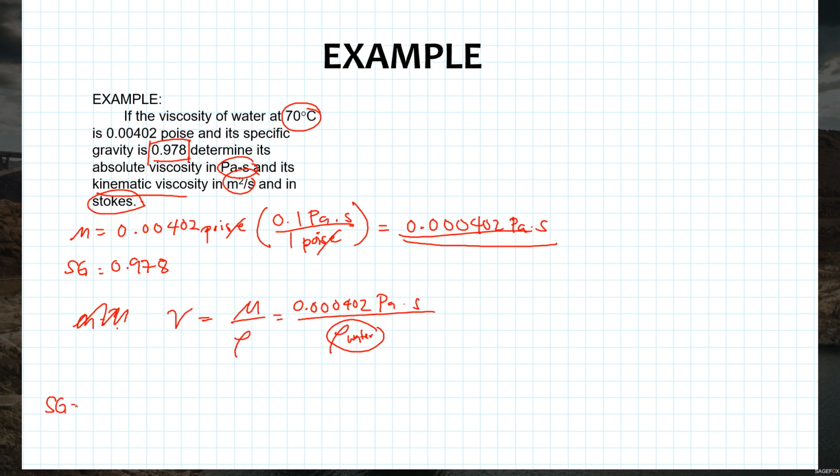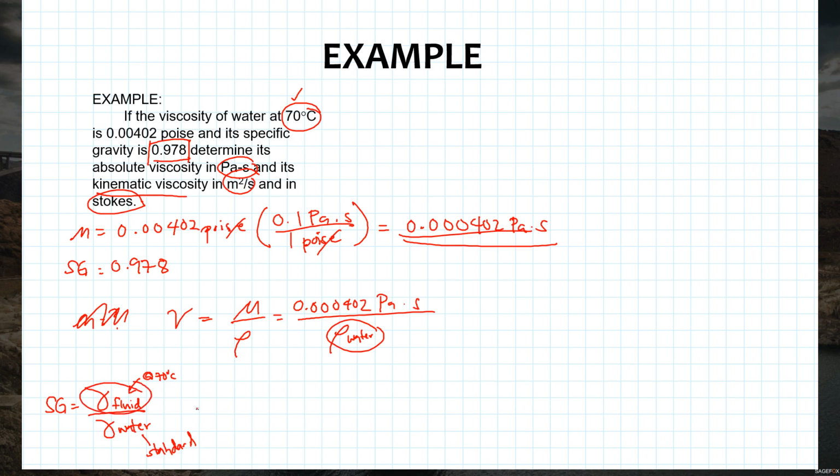As we recall, specific gravity is the unit weight of the fluid over the unit weight of water at a standard temperature. This is at a standard. But here, our temperature is at 70 degrees. So it means our unit weight of liquid here is at 70 degrees Celsius. That's what we're going to determine here.